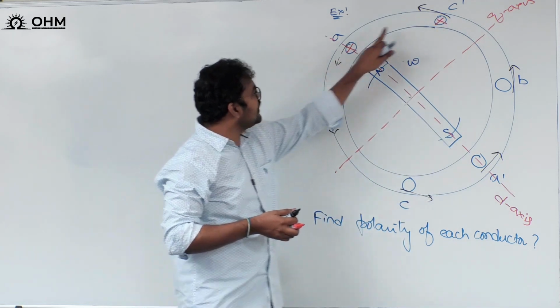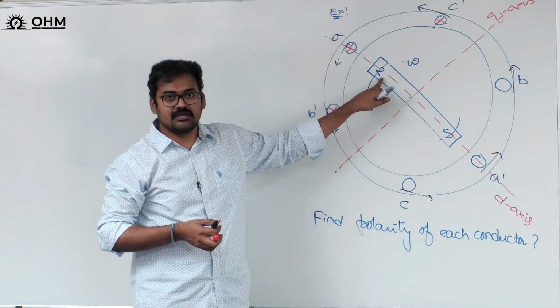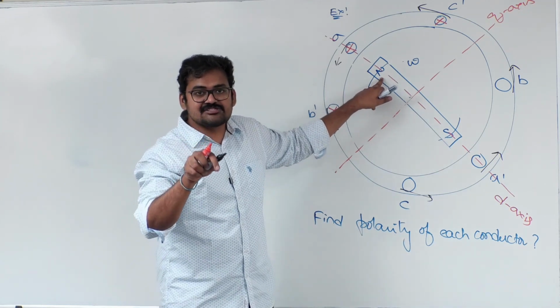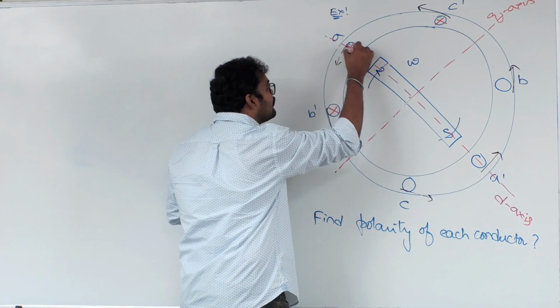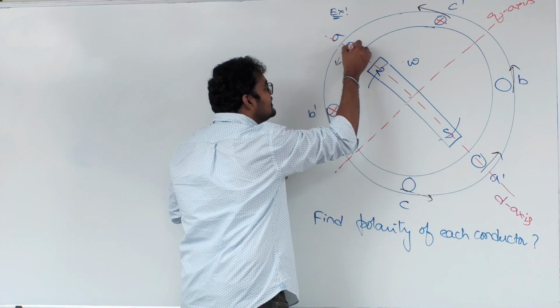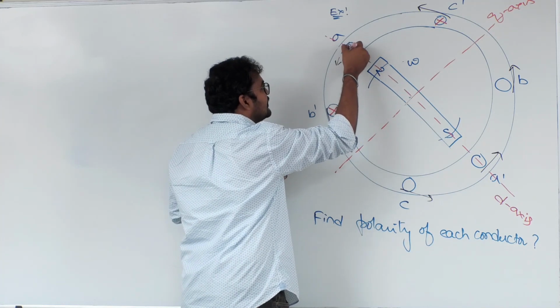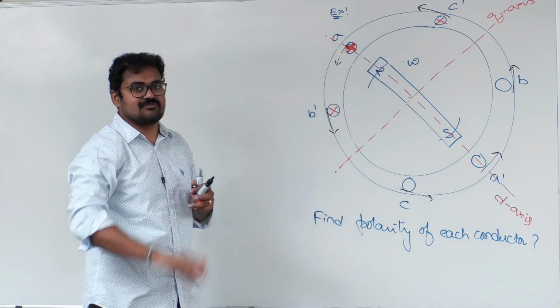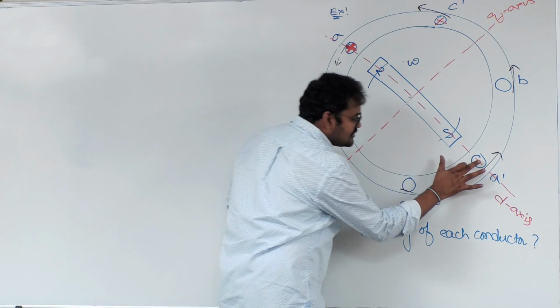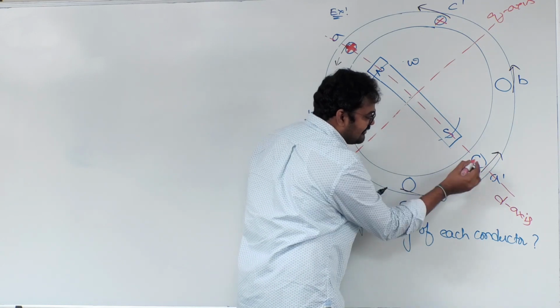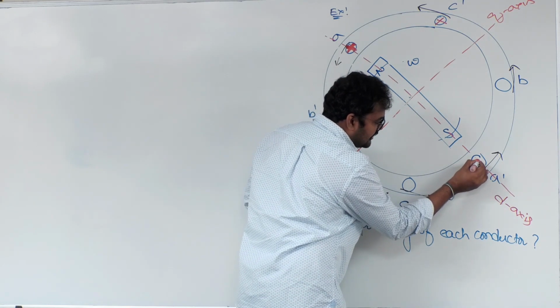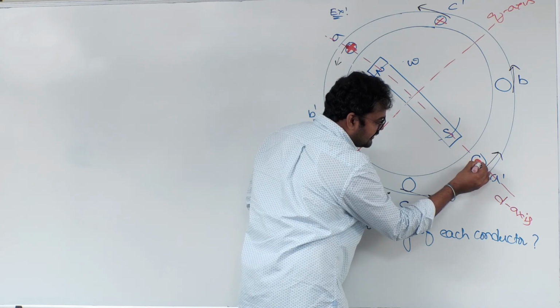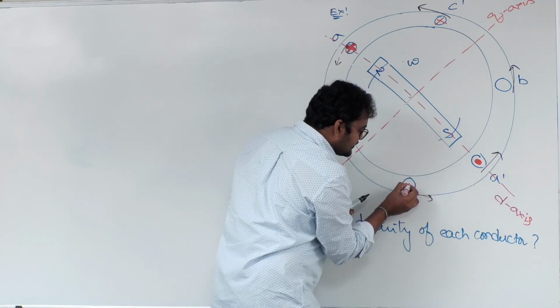Why? Because these three are under the effect of the north pole. But which conductor will experience maximum EMF? Conductor A only. So let me draw with a thick line, a thick cross. That indicates maximum. These two are experiencing less than maximum EMF. Now obviously you can understand A dash will experience a dot polarity, but a thick dot indicates maximum EMF.